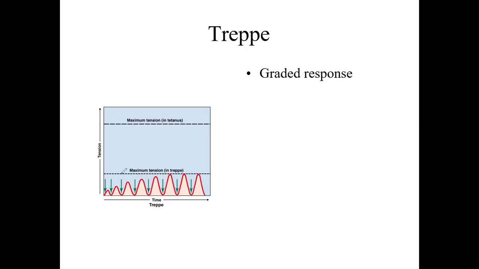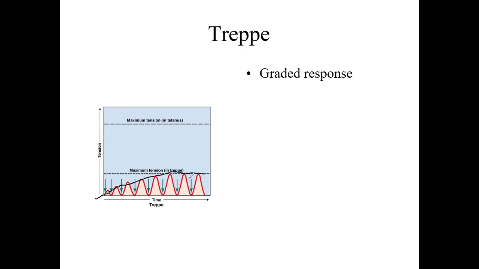So the tension is rising with time, so that finally it will have a maximum tension with every stimulation. So if you look at the level of tension, it is a graded response, but increasing until it reaches a maximum. And then from there, it now flattens.